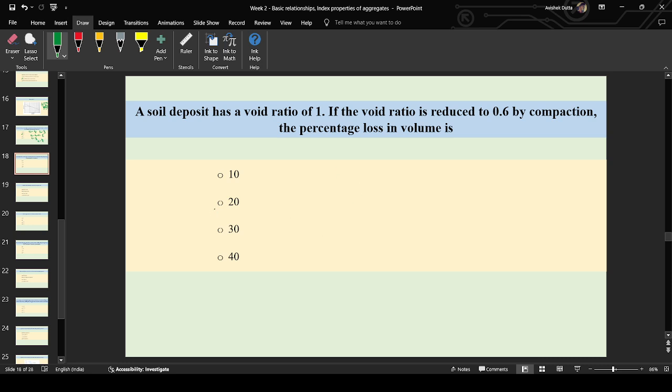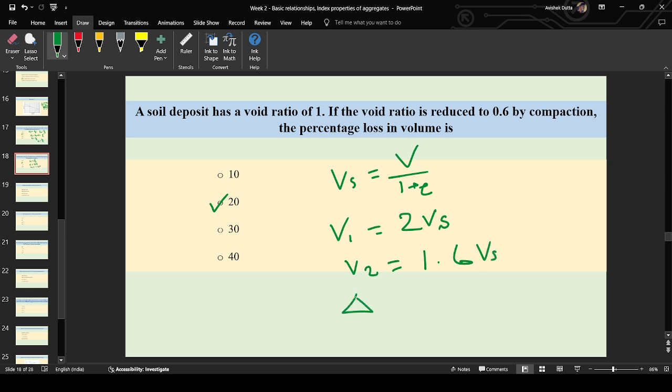20%. How do you solve it? Solids will be constant. Vs is equal to V by 1 plus e. That's a formula applied for both times. Yes, so V initial V1 will be 2 Vs, right? 2 Vs, void ratio 1, and V2 will be how much? V2 will be 1.6 Vs, right?